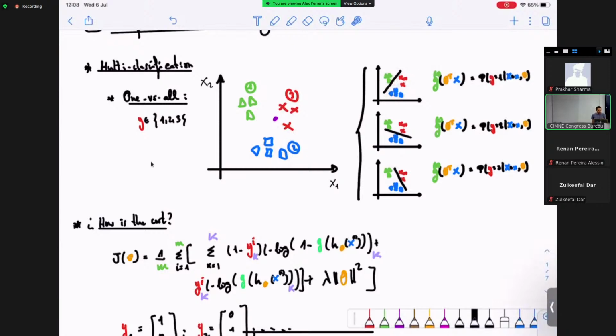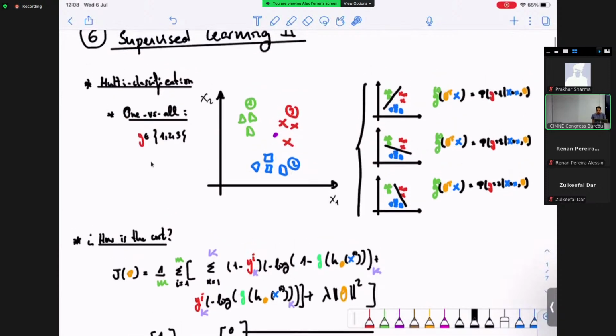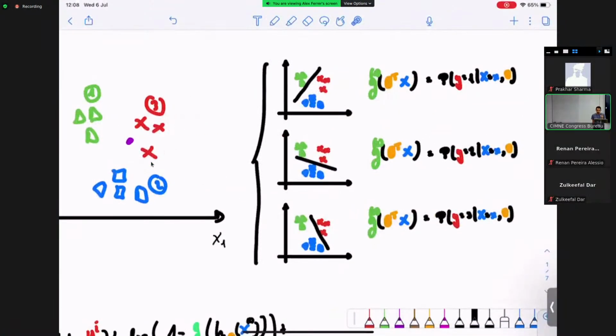How are we going to classify? First, one versus all. We are going to have some thetas that will try to take some of them on one side, the green on the left-hand side, and the red and blue on the right-hand side of this line. We will take a Heaviside function or a sigmoid function, so that if it's here, it's going to be 0, and if it's here, it's going to be 1.